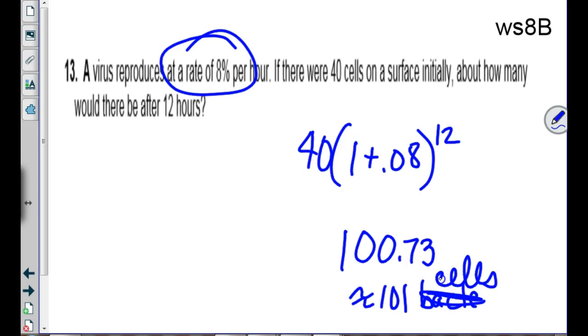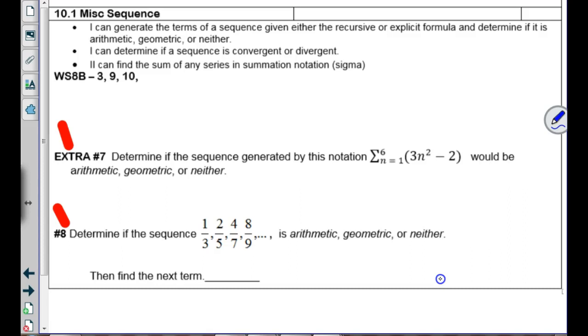All right, I think that takes us to the last section of the quiz. The first question says determine whether this would be arithmetic, geometric, or neither. It doesn't want you to find the sum, guys. It's just using that notation. How do I find the first few terms? If I put in a 1, I get 3 times 1 squared minus 2, which is 1.